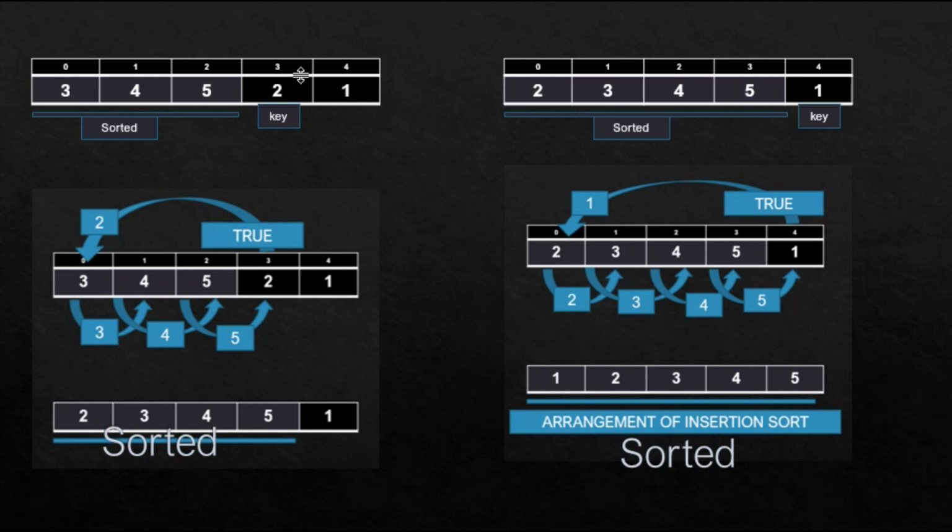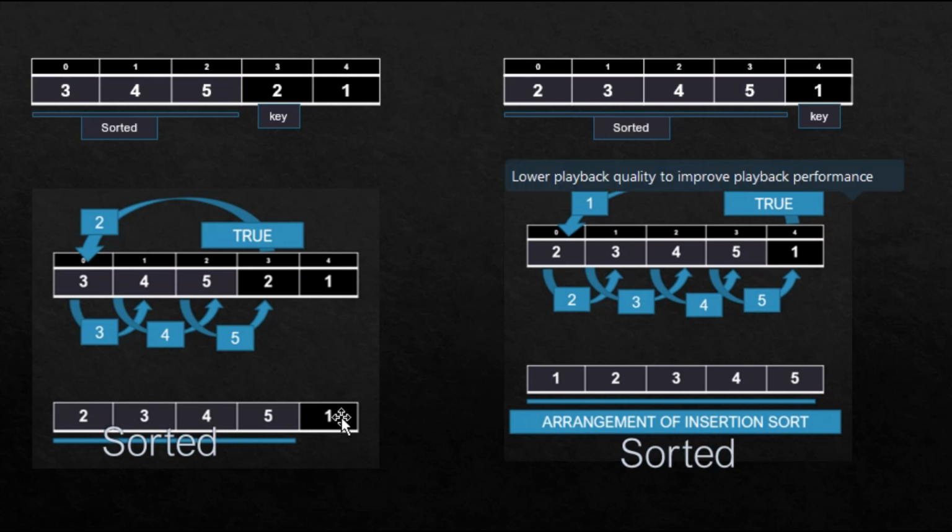So 2 less than the element at index 0 is true. So 2 will be inserted into index 0. 3 will be moved into index 1. 4 will be moved into index 2. And 5 will be moved into index 3. So this is the result of our index element.